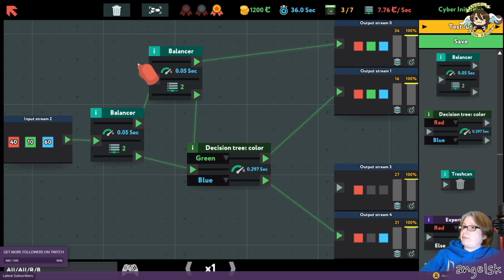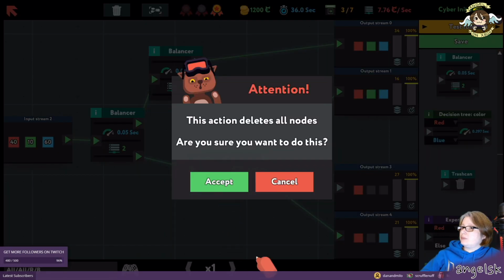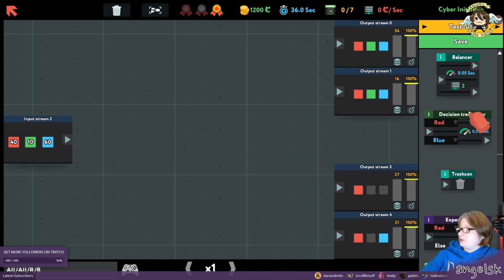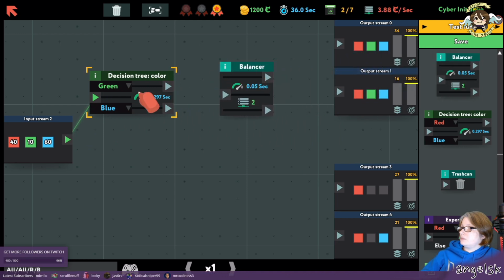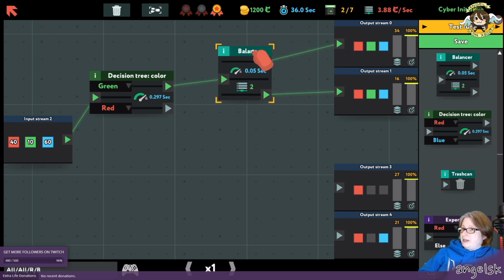Okay, let's think it through. So it was a good idea splitting out the greens, but I think maybe if we just do decision tree. That'll give us greens and blues. Probably about half the blues, which is 30, so that should be sufficient. Gives us all the reds and some blues down here.